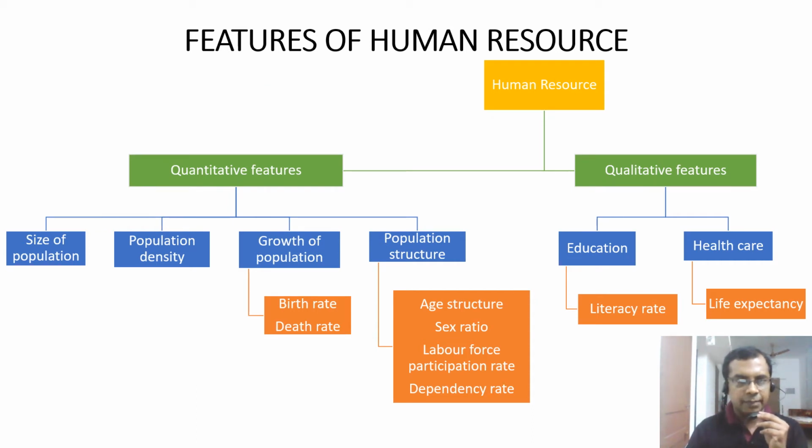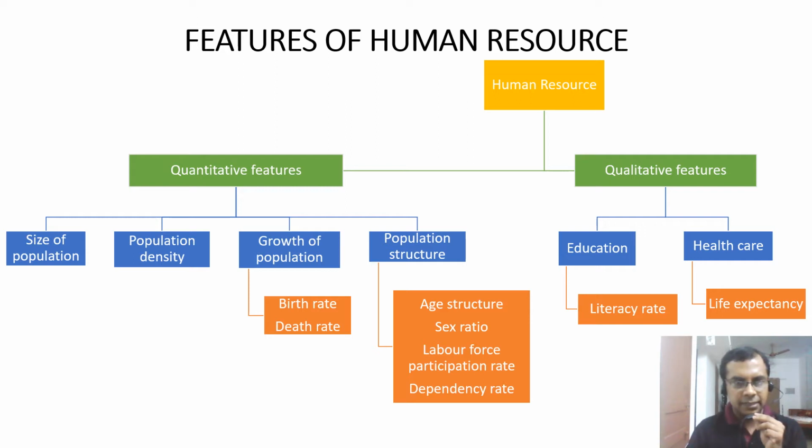Now we can study about the features of human resources. They can be broadly classified into quantitative and qualitative features. The quantitative features can be subdivided into the size of population, population density, the growth of population and population structure. The growth of population is directly related with the birth rate and death rate of the people.